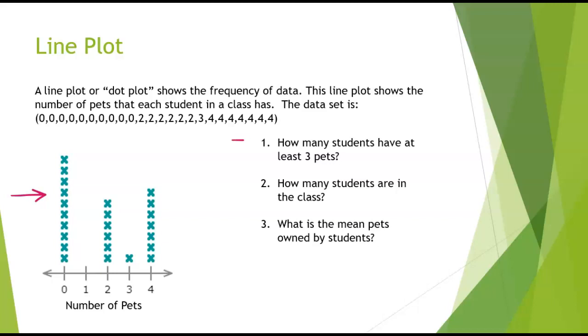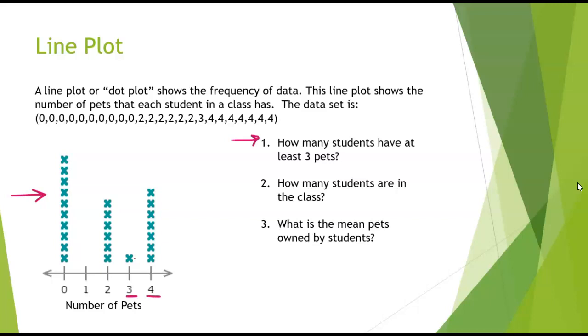So we're going to answer these questions. How many students have at least 3 pets? Well, what does that mean? That means 3, 4, 5, 6, 7, 8, 9, 10. Okay, at least 3. So we have to look at the 3 and the 4. That's all we know for sure.